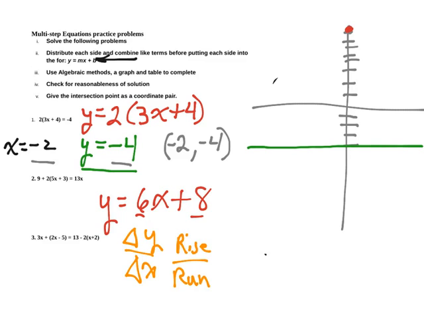Now if I take that 6 over 1, because any number can be put over 1, that means I can either go up 6 and to the right 1, or I can go down 6 and 1 to the left. Okay?